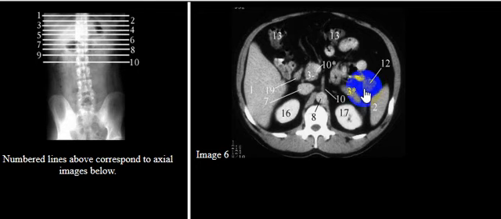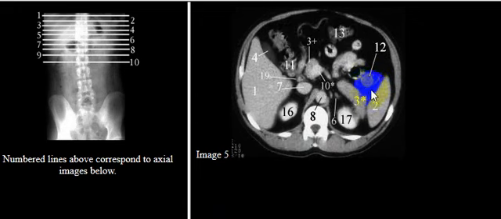As we see here, this is the tail of the pancreas, and here this is the tail of the pancreas and the splenorenal hilum.